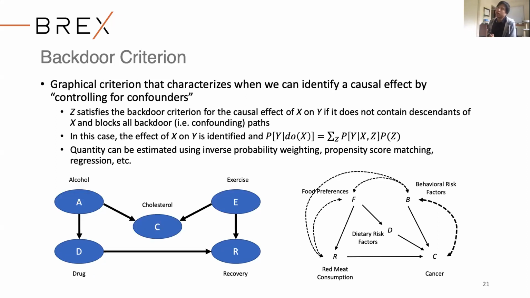And there were a lot of attempts to define a confounder as something that is correlated with the drug, or the treatment in this case, and also correlated with the outcome, right? And in this case, cholesterol is correlated with both, but it's actually not a confounder. I should not be controlling for cholesterol at all.